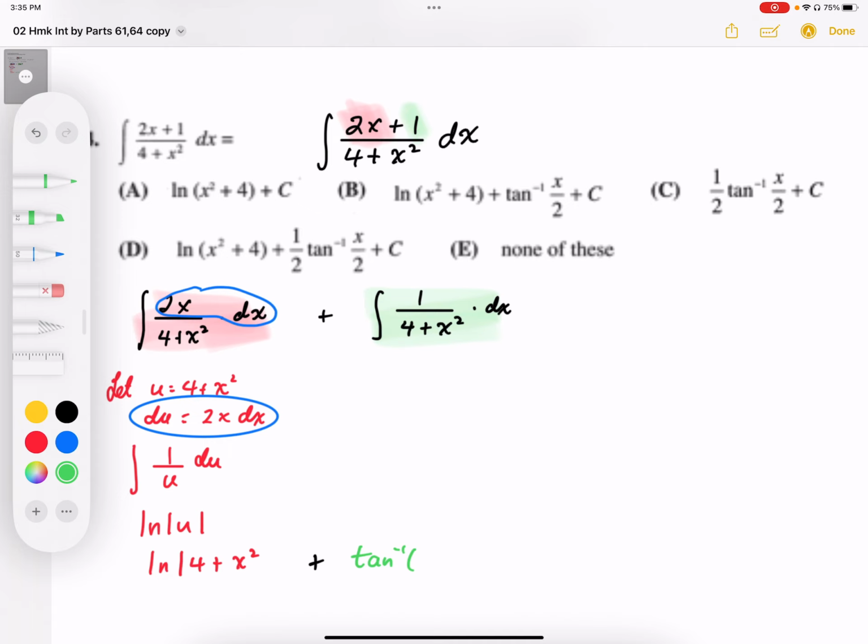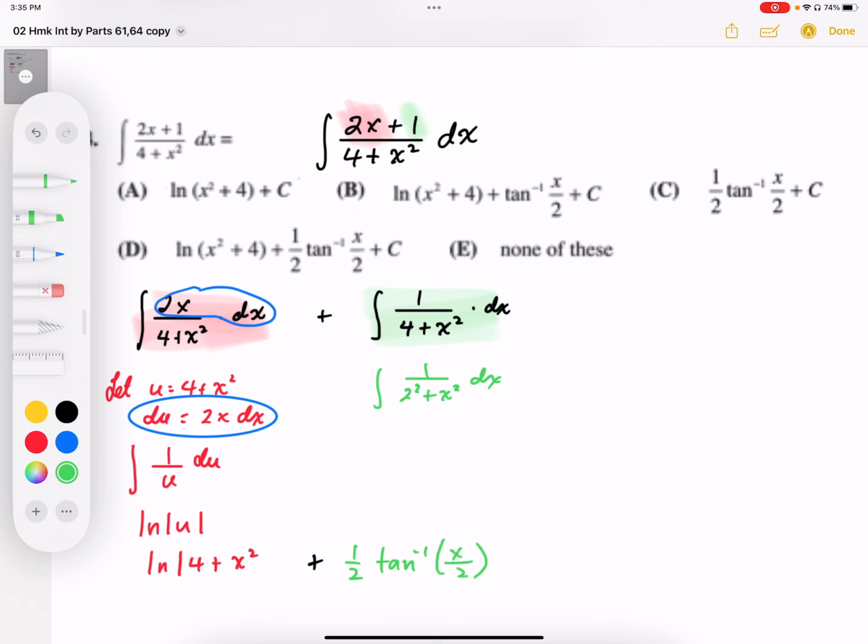So we end up with the arctan of 1 over 2 squared plus x squared dx. So when I do the arctan, I'm going to end up with 1 over 2 arctan of x over 2. And then we have the plus c, and that's our answer.